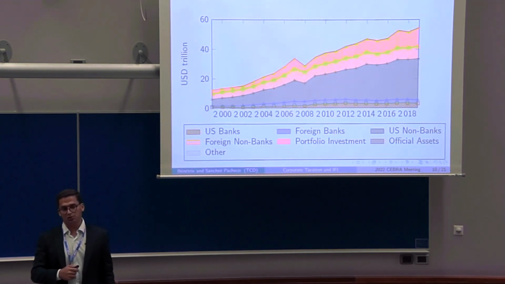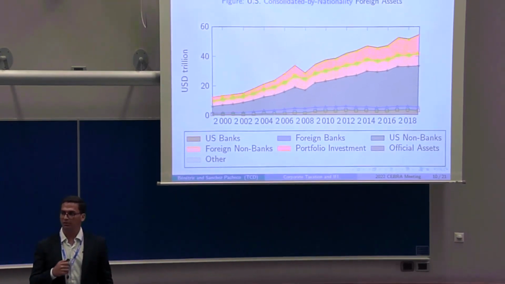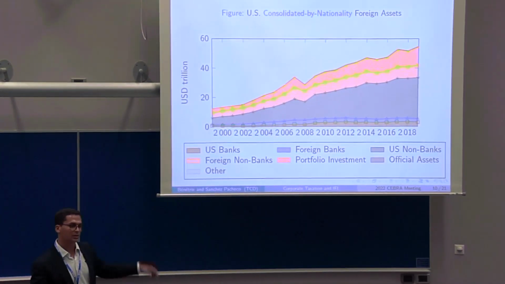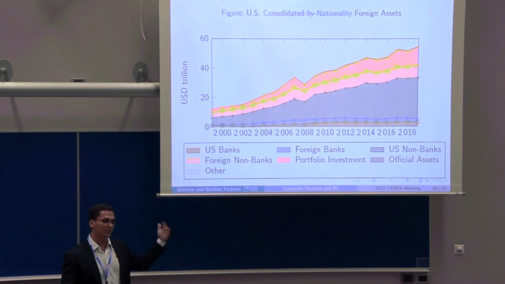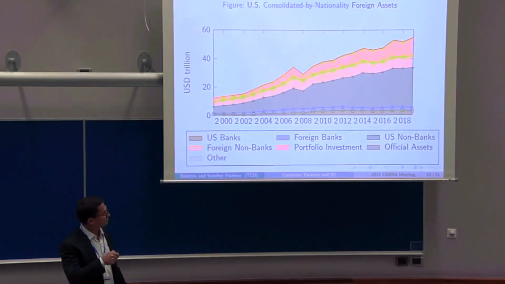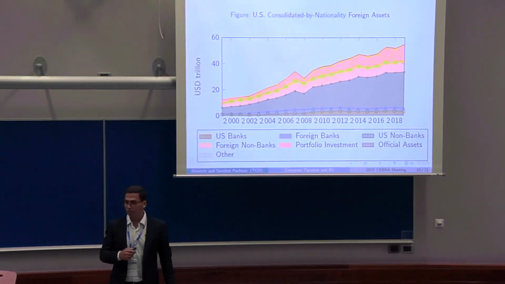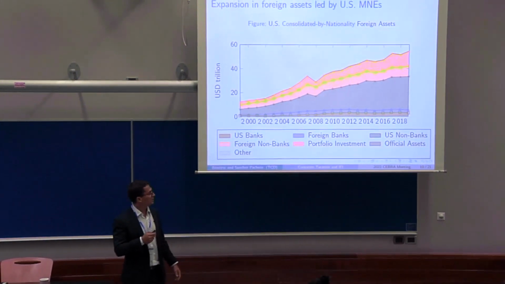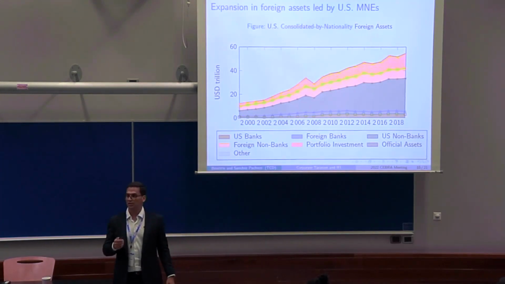Here you can see the evolution of US consolidated by nationality foreign assets over time according to the categories that were shown in the previous slide. You can see that it grows over time. I want you to focus on the gray area, which represents these US non-bank multinationals.